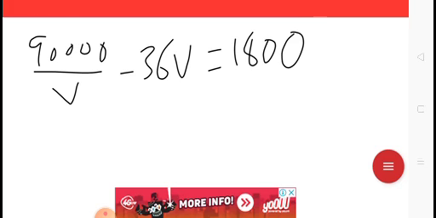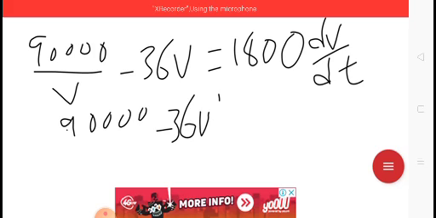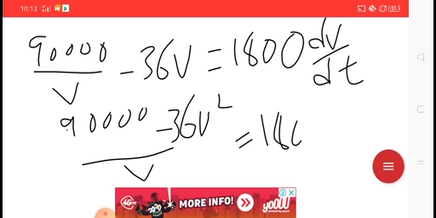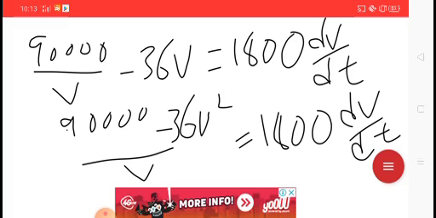A you can change to dV/dt directly, right? So the first equation is (90,000/V minus 36V) equals 1800 dV/dt.